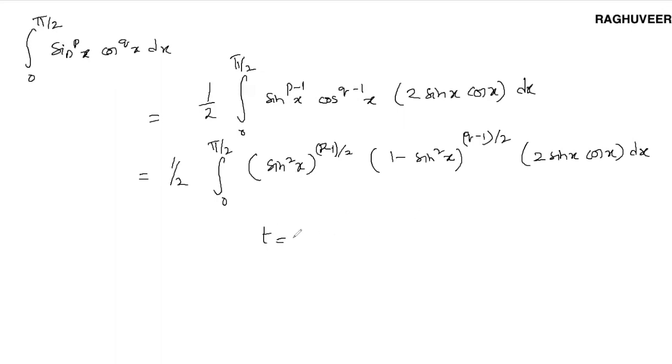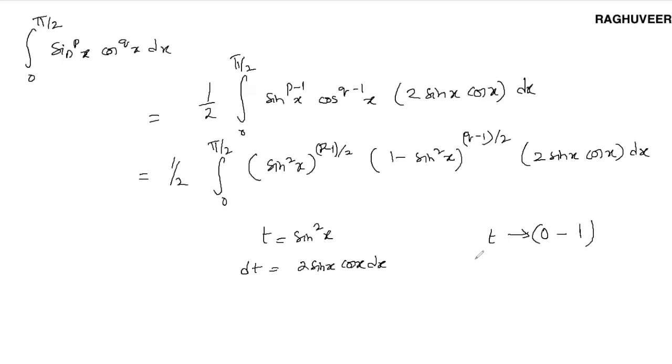So t is equal to sine square x, dt is 2 sin x cos x dx. Okay, and t varies from 0 to 1.